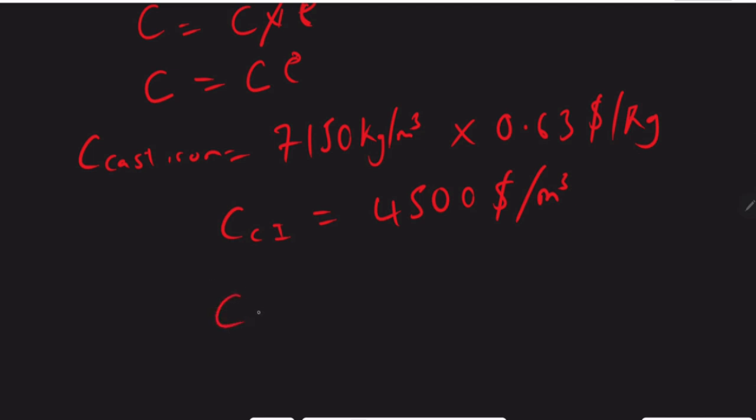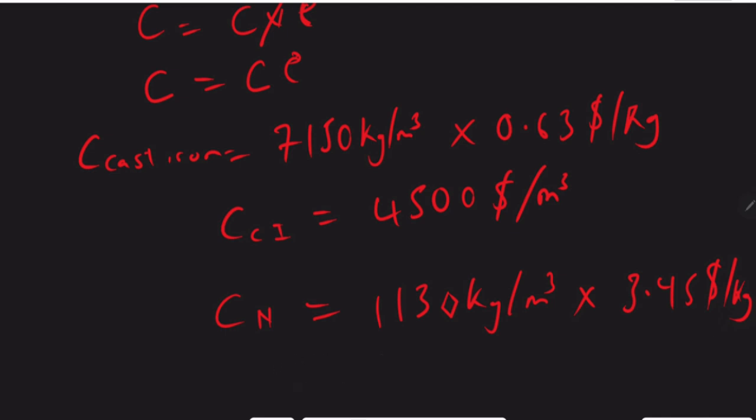Then the cost for nylon is given by the density, 1,130 kilograms per meter cube, times the cost per unit weight of nylon, $3.45 per kg.